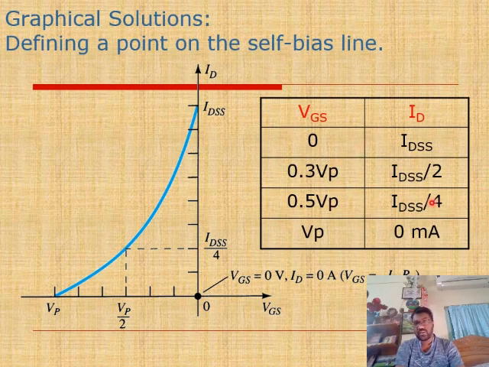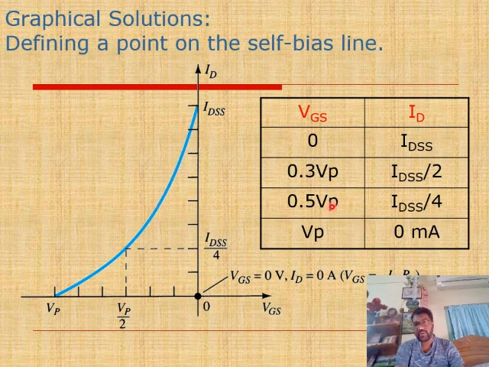Here Vp, the pinch off voltage, is not given, and IDSS is not given, so that's why it is written like this. At 0, the IDSS value of current will come. Then at 0.3, that means 30% of Vp, it will be around half of IDSS.